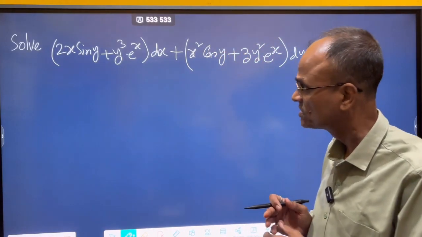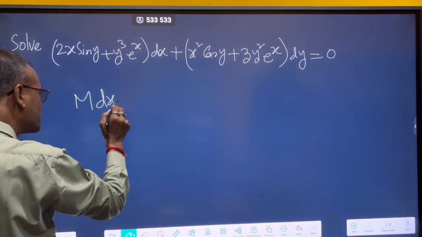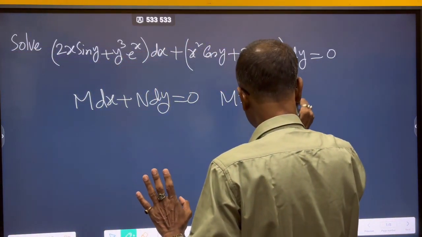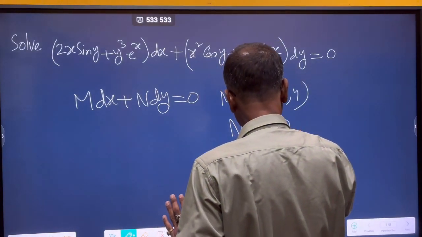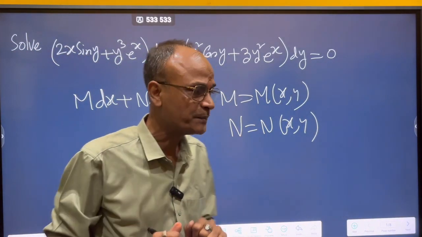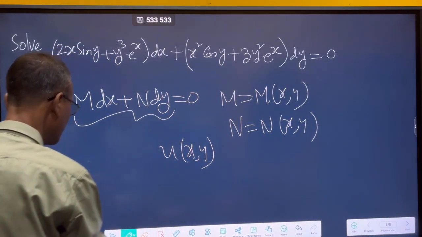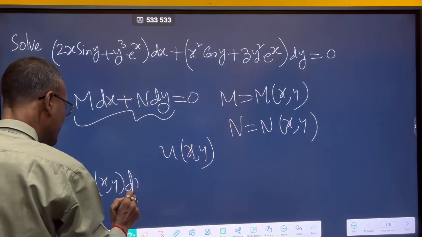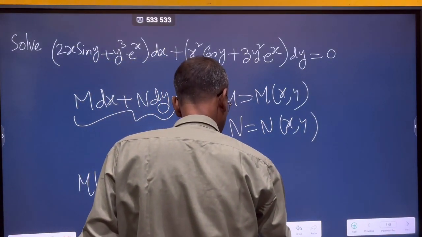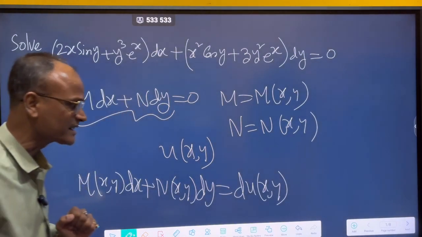We discussed that a differential equation of the form M dx plus N dy equal to 0, where M is a function of x and y, and N is also a function of x and y, is said to be exact if there exists a function u of x, y such that M dx plus N dy is equal to du.